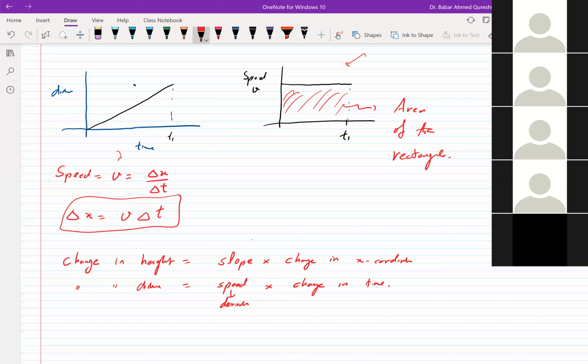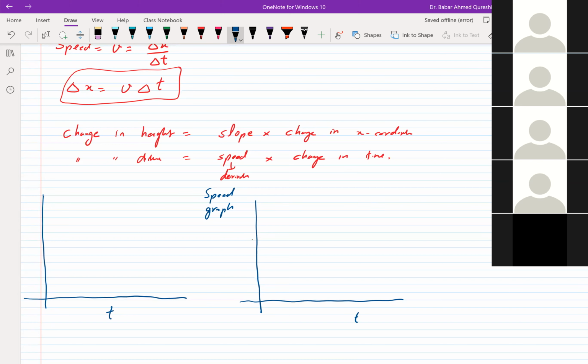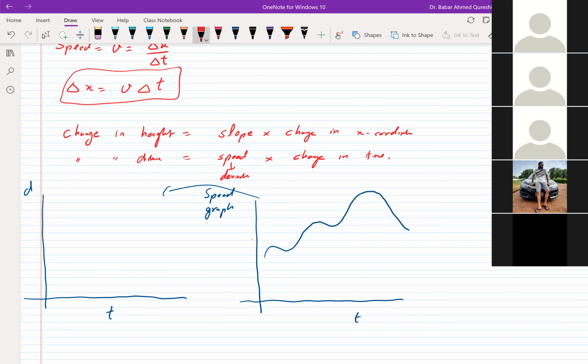But what if it's not a straight line? What if you are given this graph? This is the speed graph, and you want to discover the distance graph. So you're given this and you want to translate back over here, the integral problem. Again, you're going to do the logic this way.